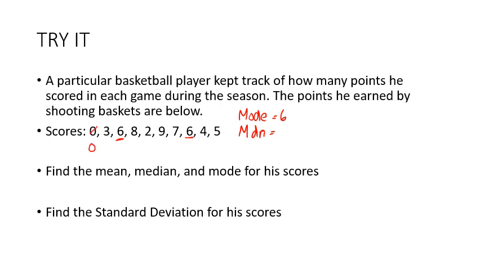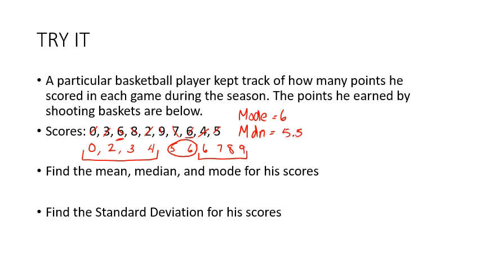So 0, 2, 3, 4, 5, 6, 6, 7, 8, 9. And if we go 4 this way, 4 this way, this is what's left in the middle. And if I take the middle of that, I know the median is 5.5.